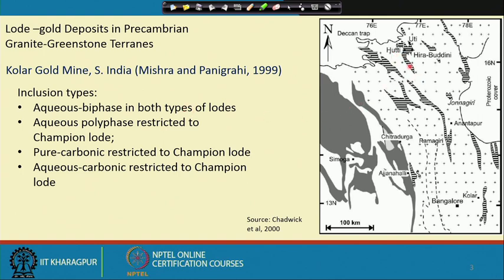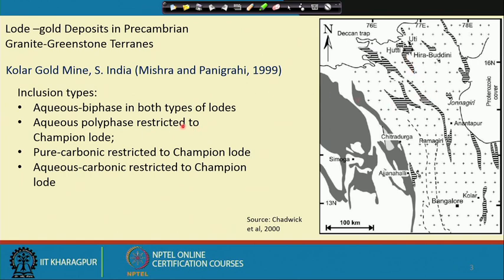What exactly is seen are the lodes, the quartz and quartz-gold lodes, or the quartz-gold-sulphide lodes, which are present within the metabasics, which are essentially amphibolites or altered amphibolite, or altered to a chlorite-grade kind of rock, and they are present as lodes in the schistose rock.